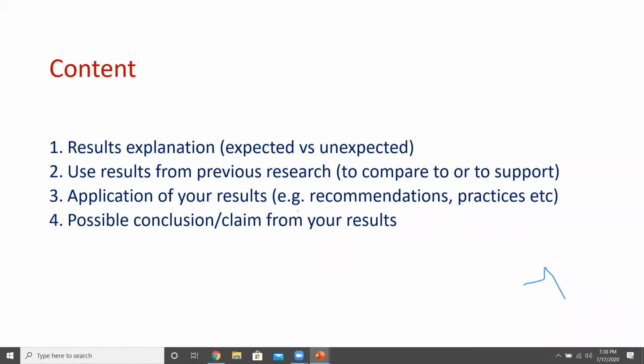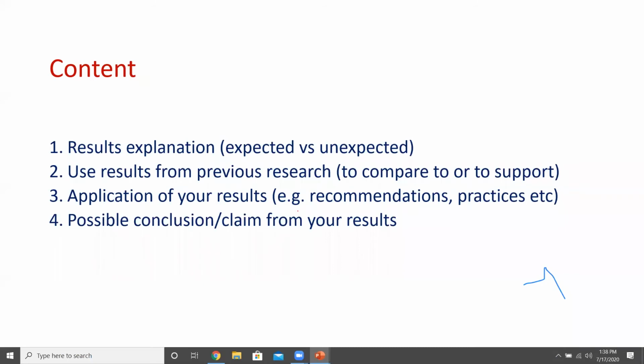What can we benefit from your results? Do you have any recommendations? Is this going to help guidelines, practices? Or maybe this is something entirely new and it's hypothesis generating. You always have to include that in the discussion part. And this is why, again, the discussion part is very important.